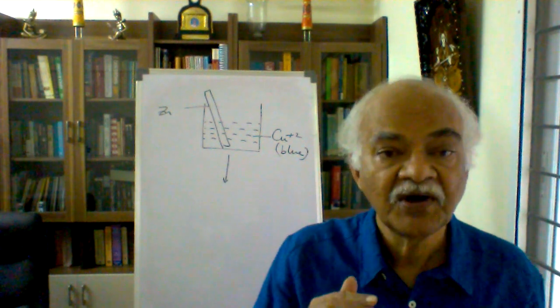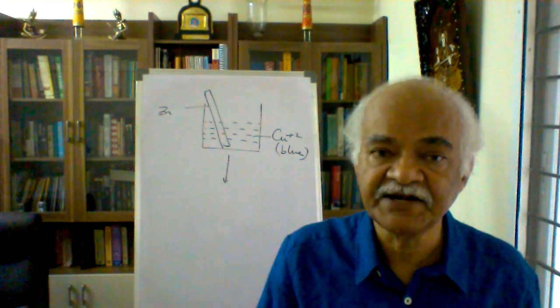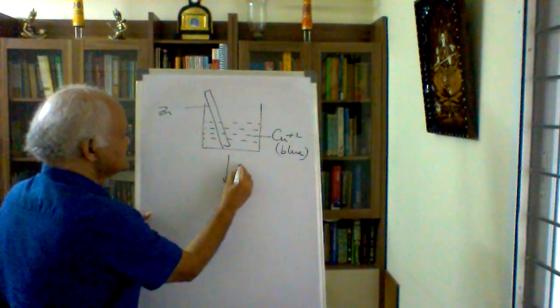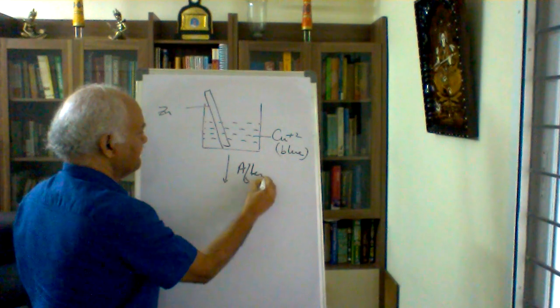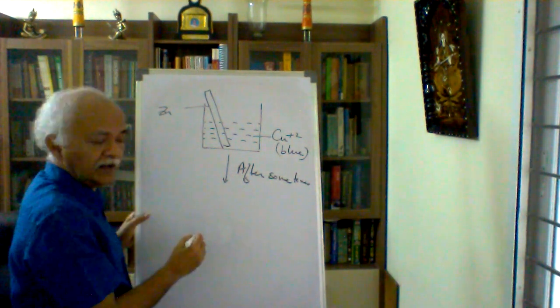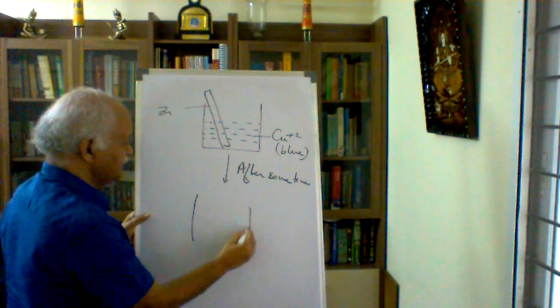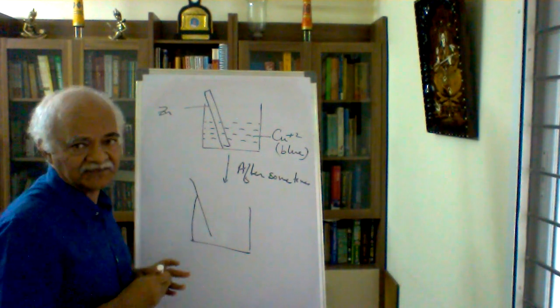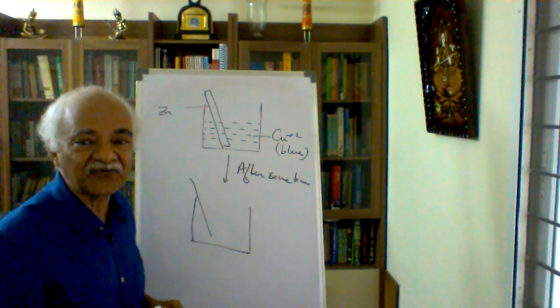So let me draw what I was talking about again as a diagram. Now what do we see here? After some time, I am redrawing the beaker, and I'm just putting a line. Don't imagine it is getting converted to wire.